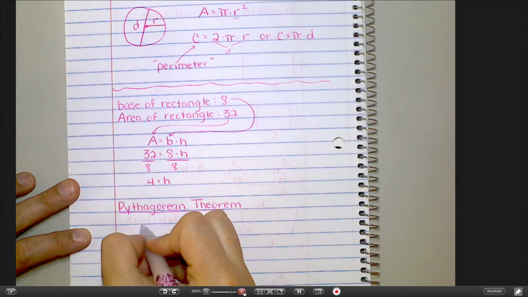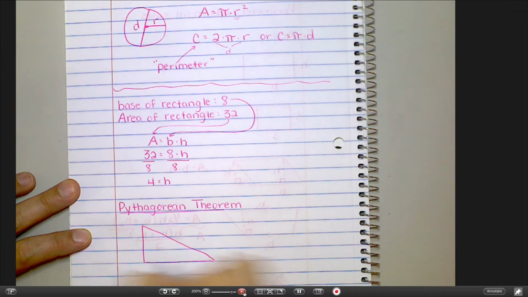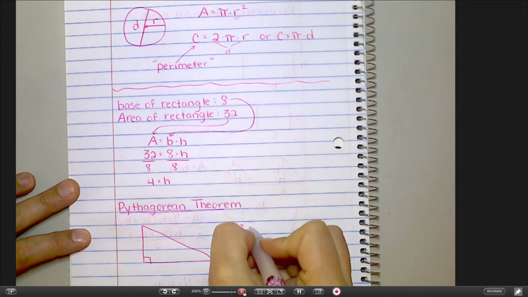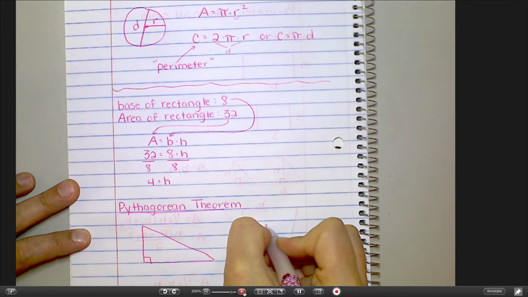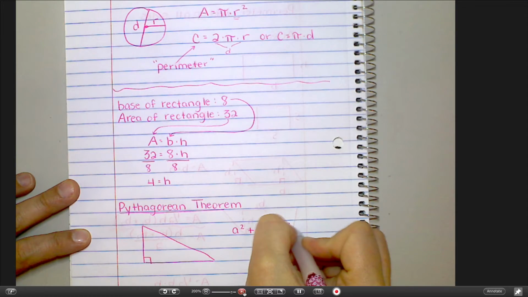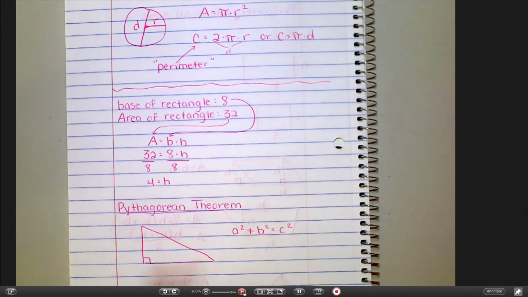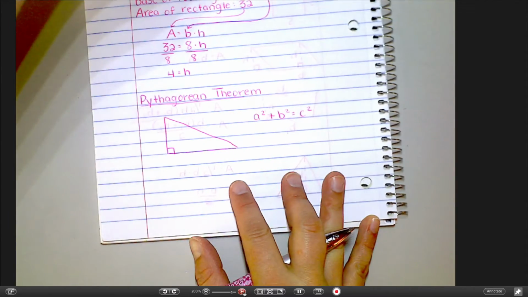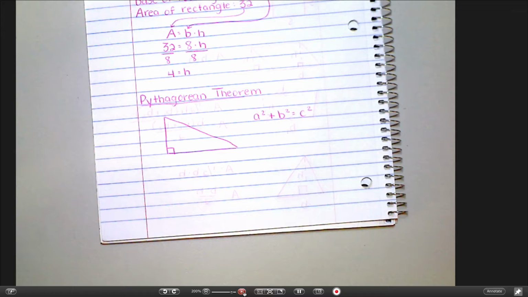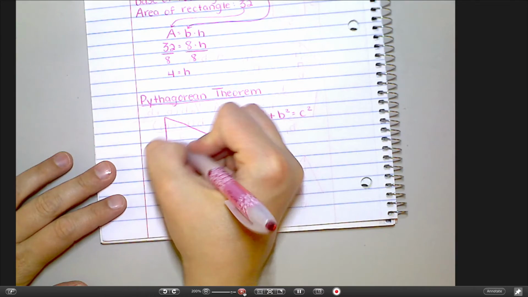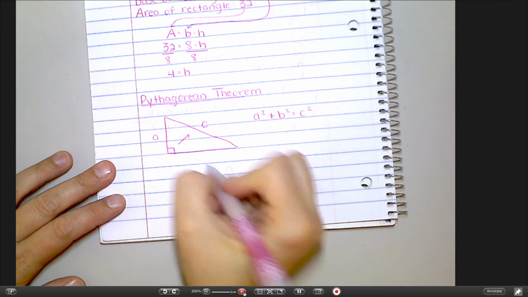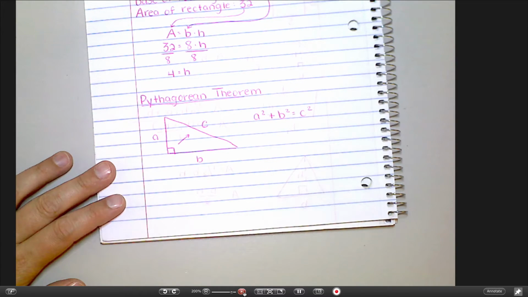Okay, Pythagorean theorem. What's the formula for Pythag? A squared plus b squared equals c squared. All right, somebody besides Darian, tell me how to get these letters on this triangle. Tell me where they go. Rebecca? C goes across from the 90, yep. And then the A and the B are just the other two.